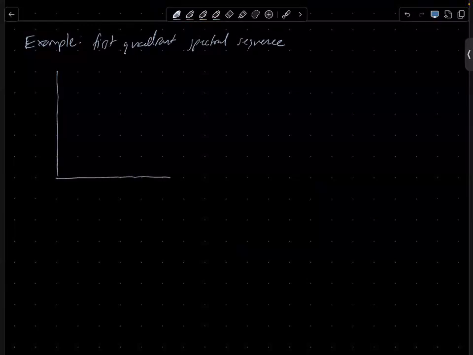I'll draw in some of the nodes, maybe one more for good measure. Let's say this is the E infinity page.